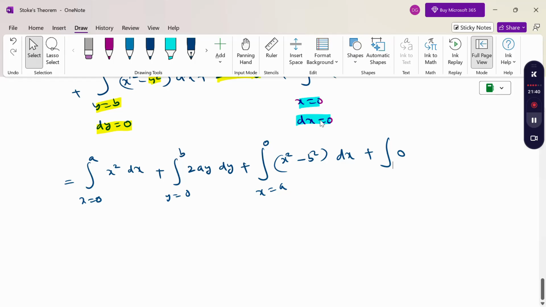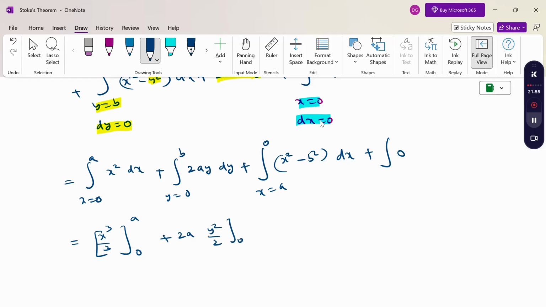Now, the integration. The integral of x square is x cube by 3 from 0 to a, plus 2a (a constant) times the integral of y, which is y square by 2, from 0 to b, plus the integral of x square, which is x cube by 3 minus b square x, from a to 0.